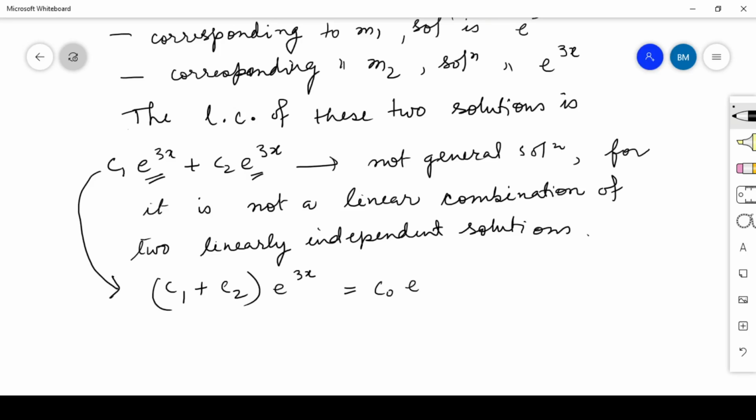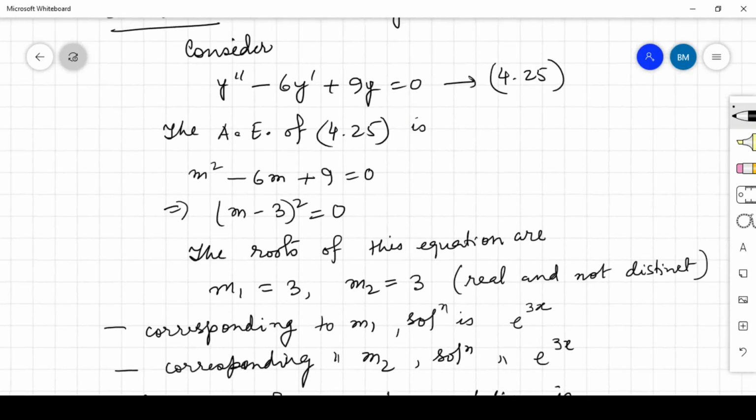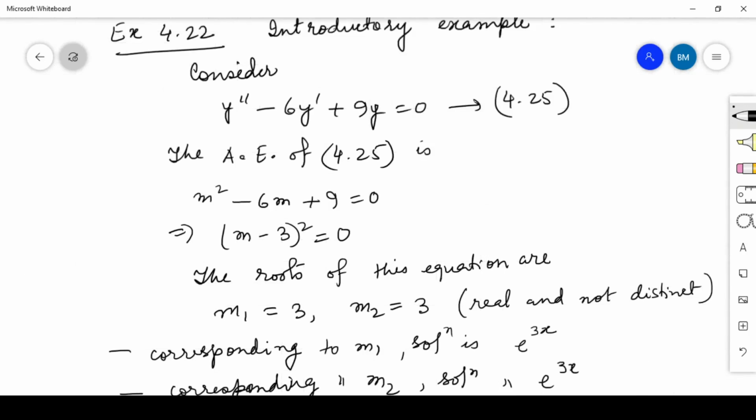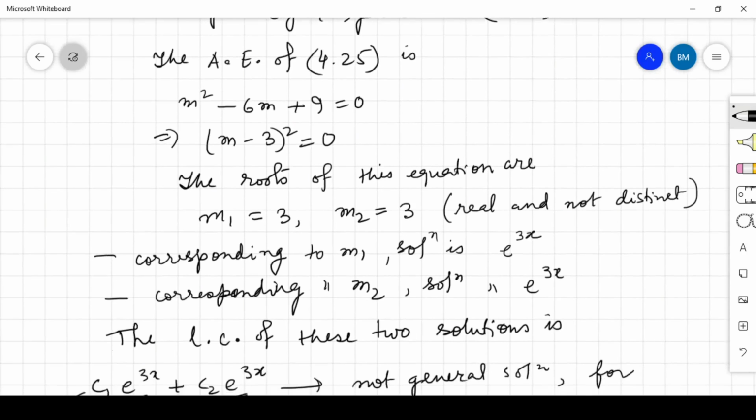So again, I am repeating, this is not the general solution. Why is it so? Because it is not a linear combination of two linearly independent solutions. And the equation which we have considered is a second order equation, and as it is a second order equation, we will get two linearly independent solutions by a previous proposition.